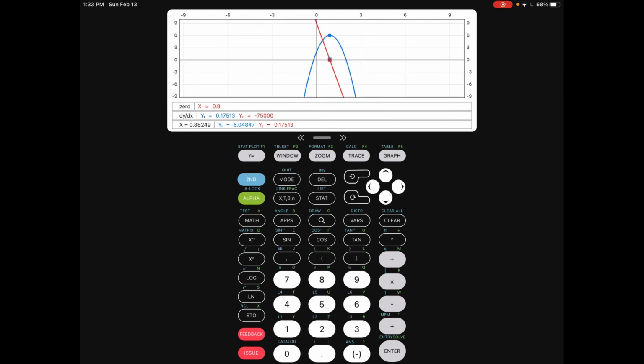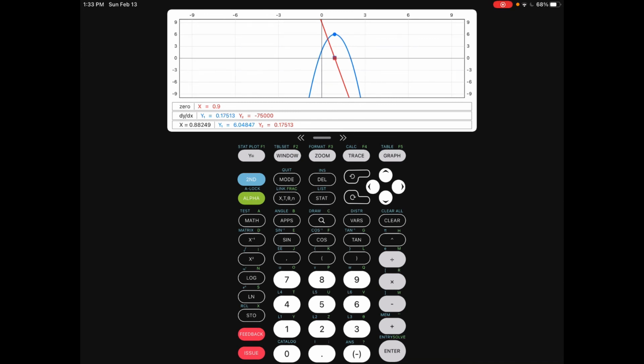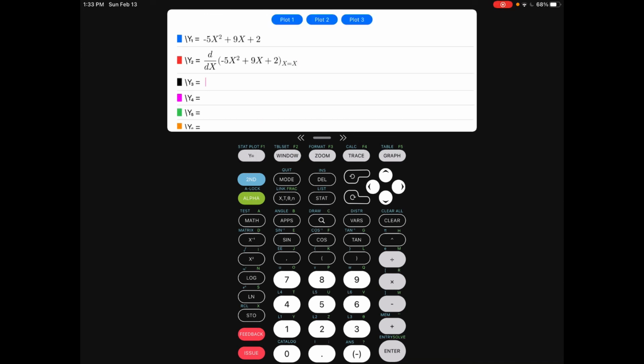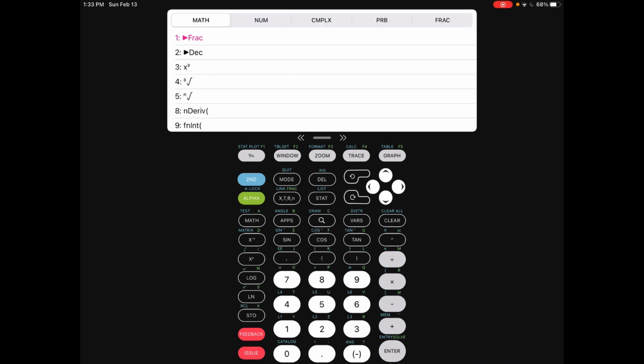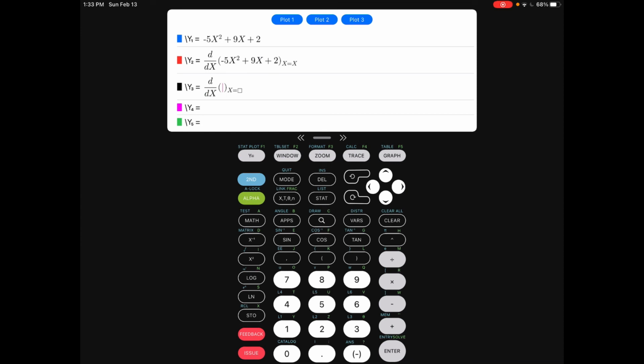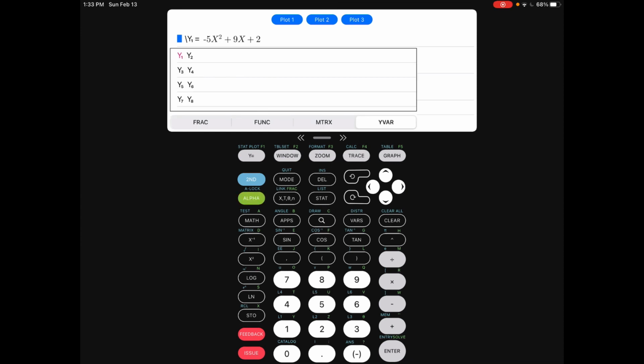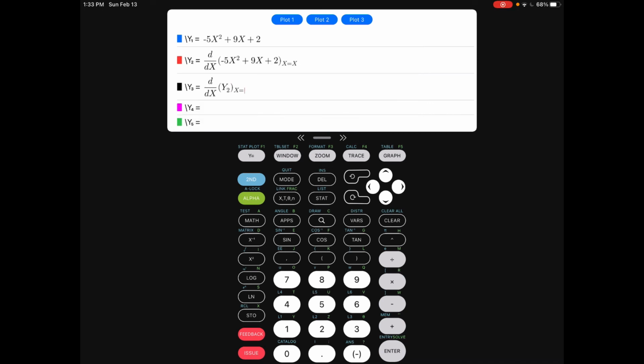If I wanted to graph the second derivative, well, that's a little bit trickier. I can go math, same trick, nDeriv of, and I can go alpha trace. And I can tell it to grab whatever's in y2 and take its derivative.